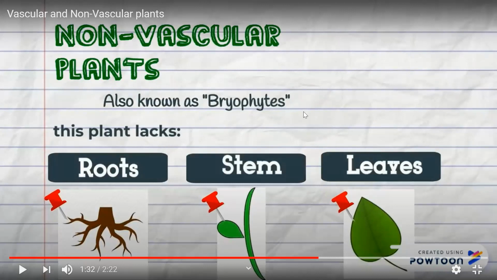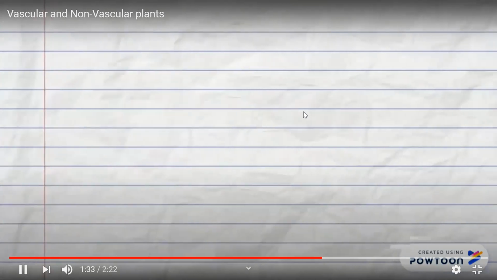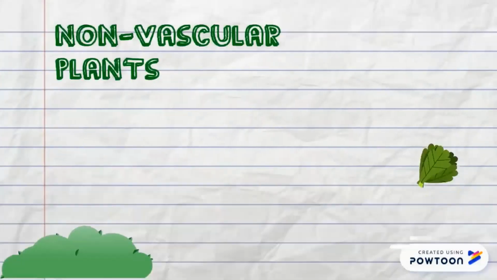So how do they live if they don't have roots, stem, or leaves? Let's see. Lian, you were right. This plant lacks root, stem, and leaves. Let's see what they have then.